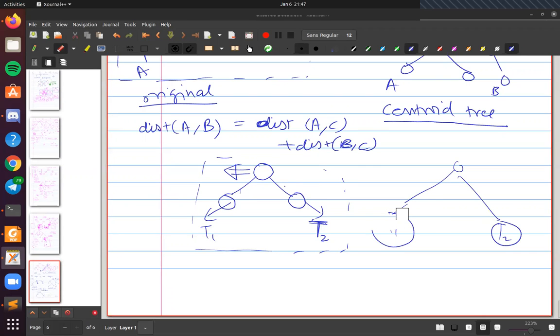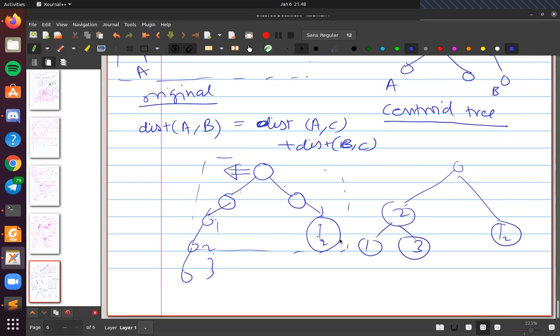So let's suppose T1 is this and T2 as it is. So it will be like this. So T1 and T2 will be in different components in the centroid tree, because they were connected by this centroid, and now they are in different components of the centroid tree.